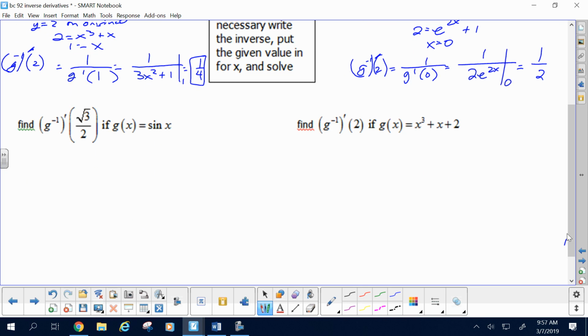Let's try a little funkier one. I don't remember why I have this one. I know this trig needs to be found. Try this one on your own, please.